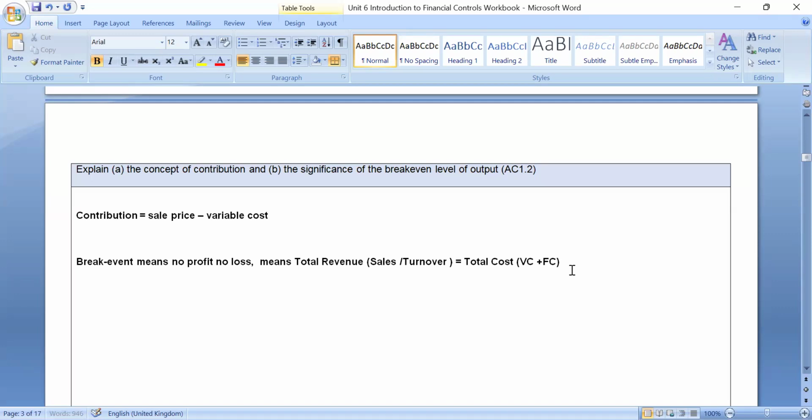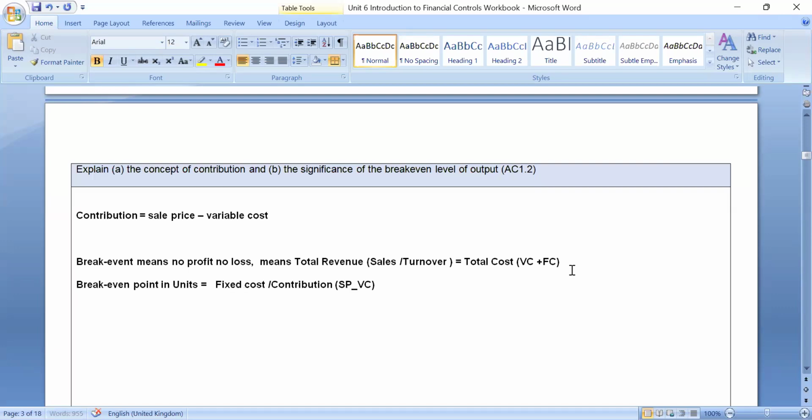Okay. So we'll go through a few formulas. We can find the break even point in units: how many units will we sell to break even, meaning no profit, no loss. The formula is fixed cost divided by contribution. Contribution is selling price minus variable cost.